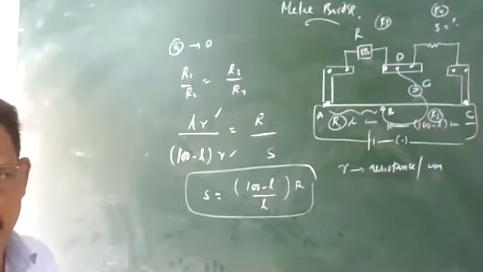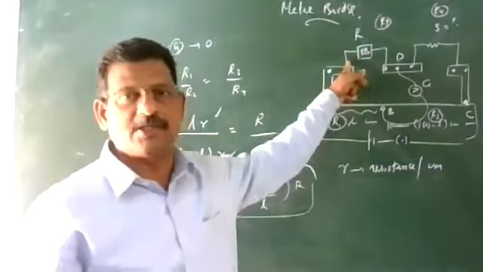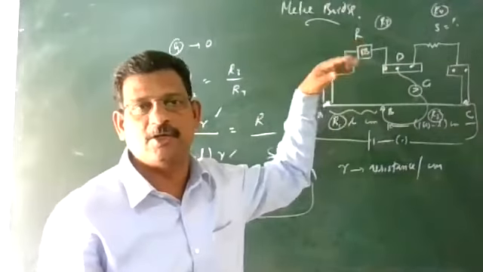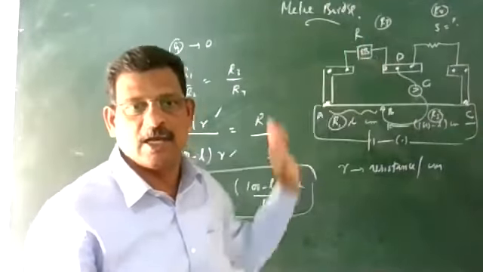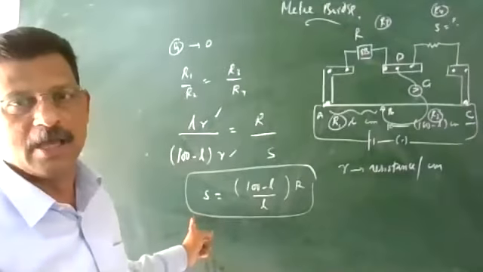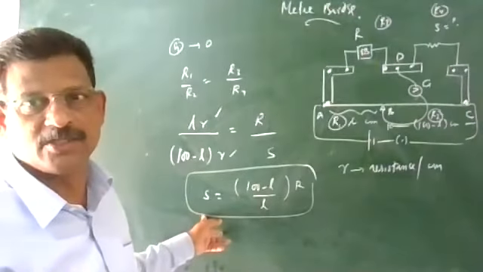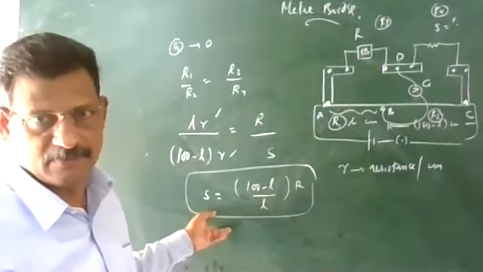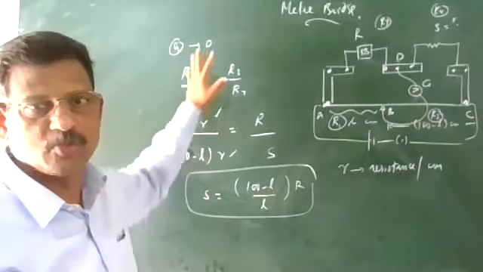You can repeat the experiment by taking different values of resistance box, say 1 ohm, 2 ohm, 3 ohm, and repeat the experiment, take the mean value. And remember, here S is connected in the right gap.